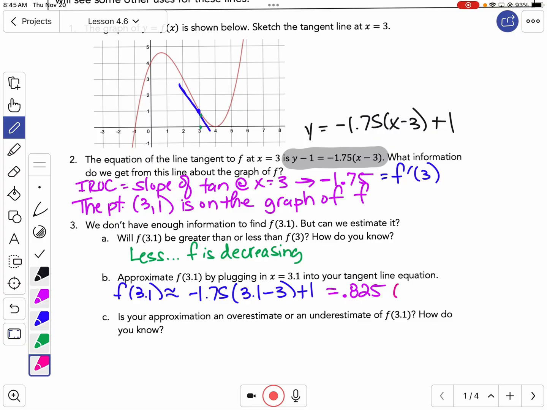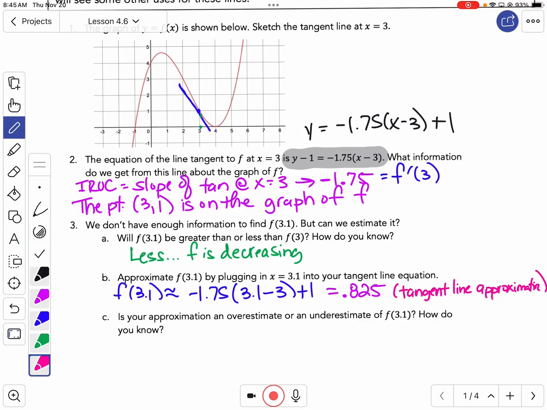So this is the tangent line approximation. We use the tangent line to approximate the value of the function. 3.1 is pretty close to 3, so we could use that to make an approximation.